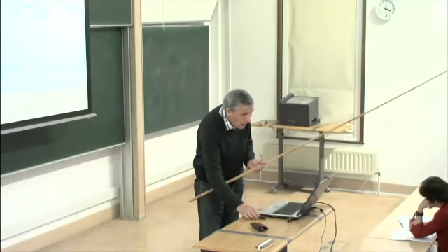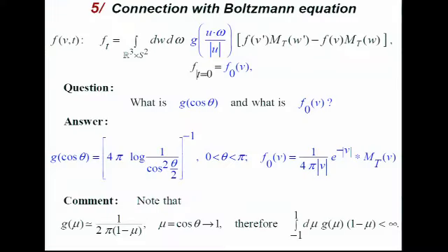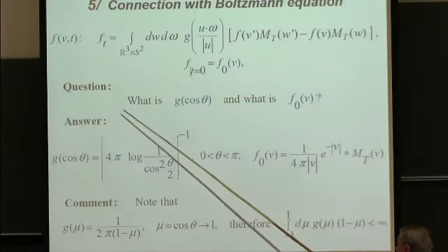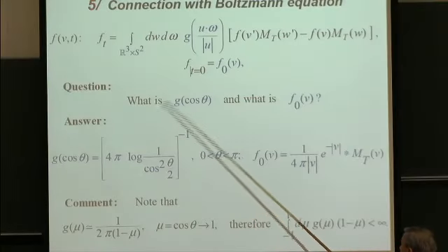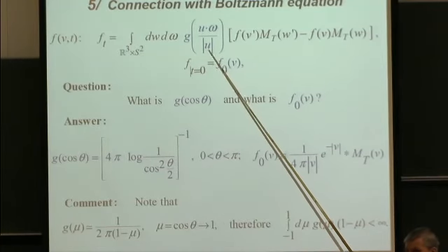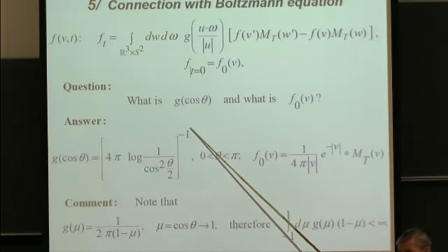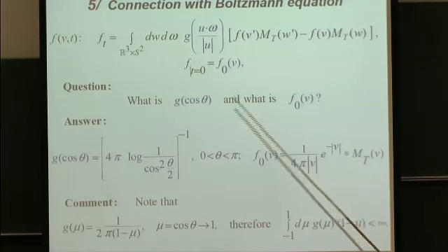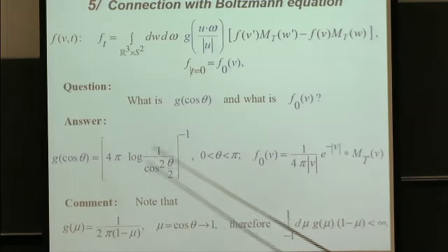And now you can ask me, but what is the connection with the Boltzmann equation? It is not something useful, but nevertheless interesting, just out of curiosity. Which cross section must I take in the Boltzmann equation, and which initial condition, to get what I showed you?